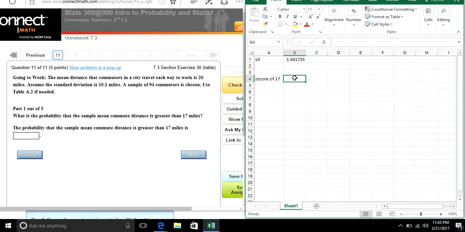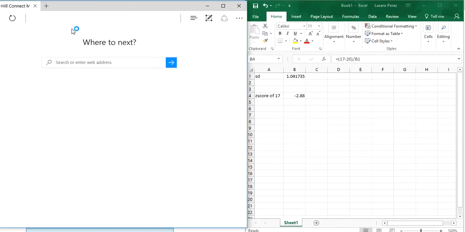So 17 minus our mean, which is 20, divided by our standard deviation, this is our standard deviation of the sample mean. Alright, we're going to round this answer to 2 decimals because the z-score tables require 2 decimals. So negative 2.88.